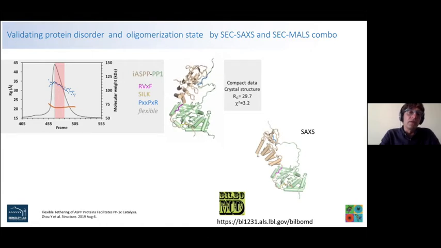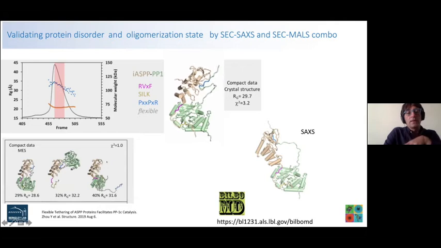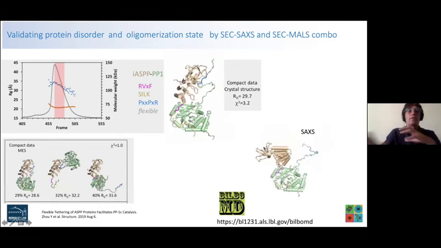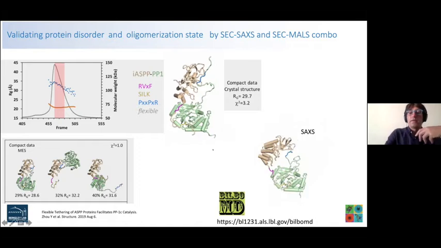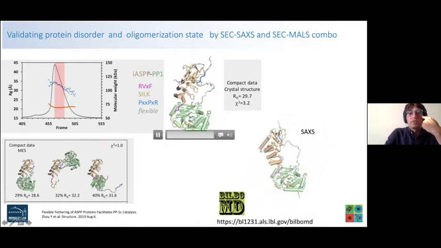One of the reasons is that the X-ray gives us the conformational state, whereas molecular weight just defines the molecular weight because of the resolution of the technique. And that's the beauty of SAXS coupled with multi-angle light scattering. Then we came to the modeling and tried to fit the SAXS data, not shown here, and they came up with different conformers, open and closed, where PP1 is basically holding ASPP in different states, with transient or multiple interactions between ASPP and PP1.